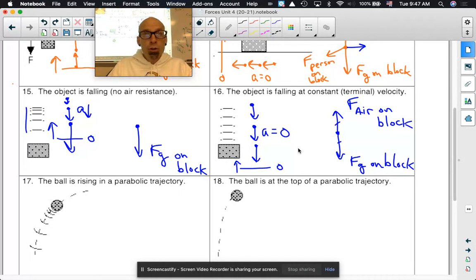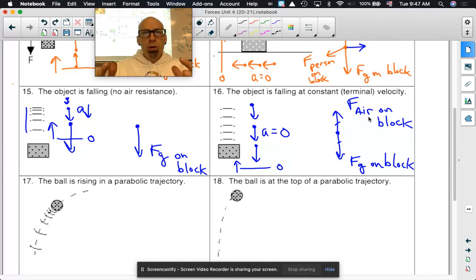Now, if you got a parachute on, your terminal velocity is going to be kind of slow, hopefully. If you don't have a parachute on, then your terminal velocity is going to be pretty fast. So how fast you can fall is going to be determined by how much force of air resistance you're able to create quickly.